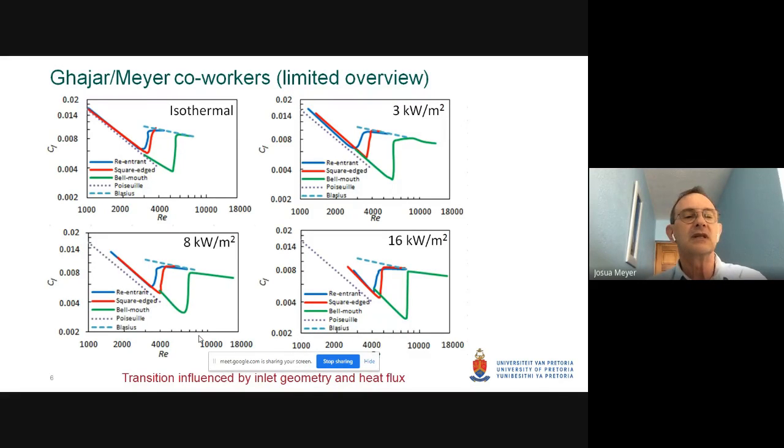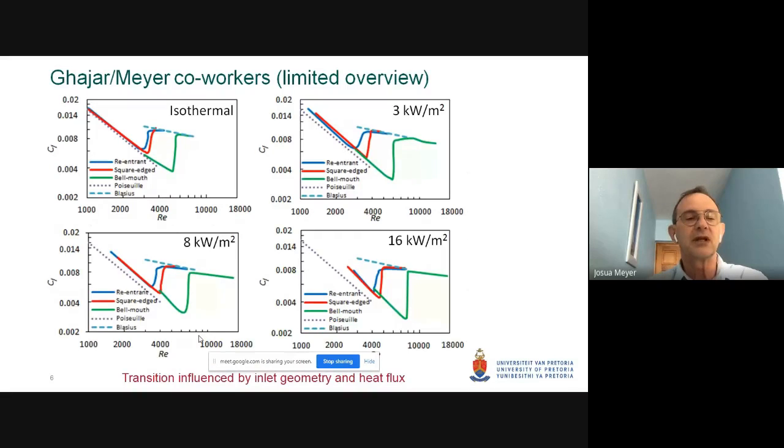And here are some results that typically show the friction factors, how they are being influenced in the transitional flow regime. You see a blue line, a red line, and a green line, and those represent typically a re-entrant, a square edge, and a bell mouth type of inlet, and it shows at different heat fluxes how the transition varies.